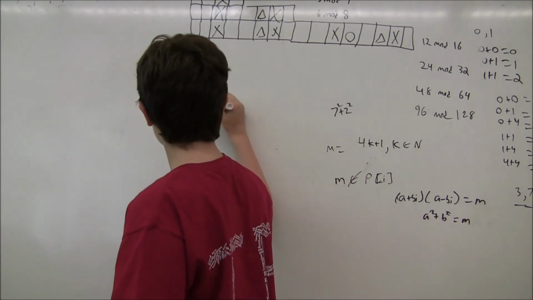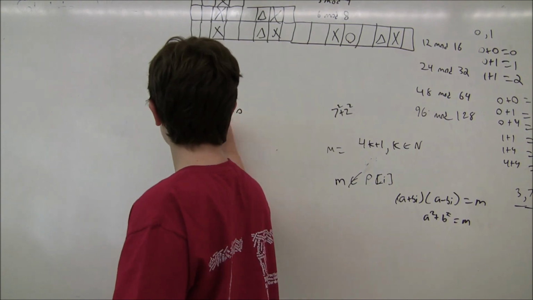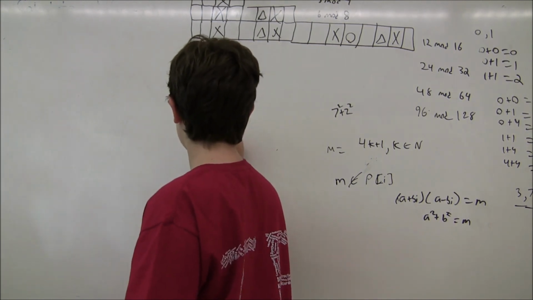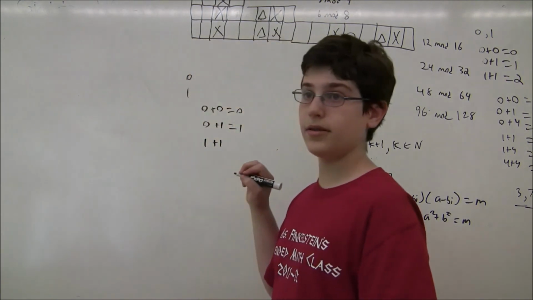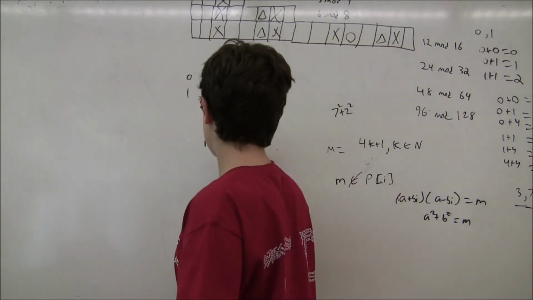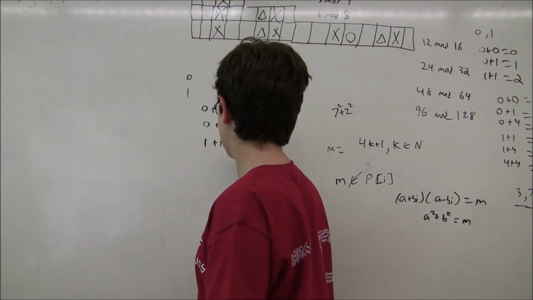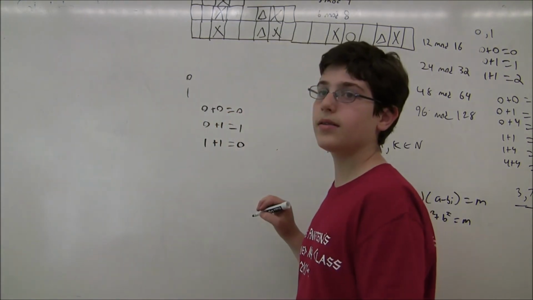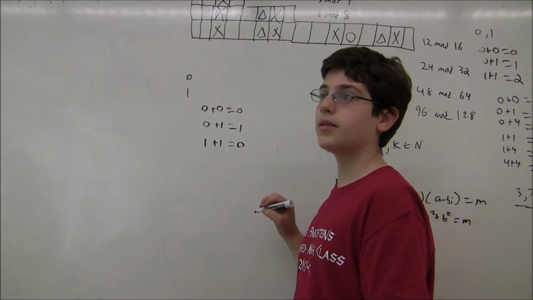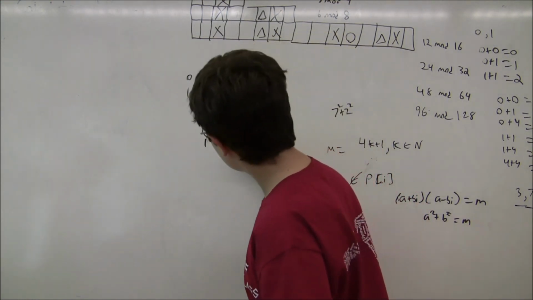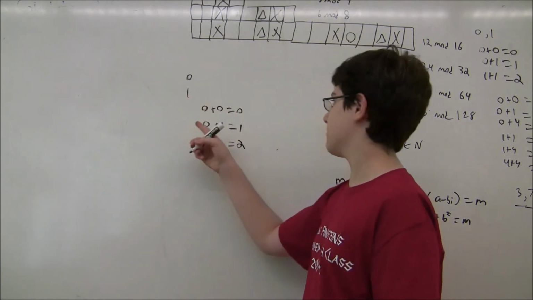So you can say 0 plus 0 equals 0, or 0 plus 1 equals 1, or 1 plus 1 equals 0, or 2. We're in mod 4. Squares are 0 and 1.